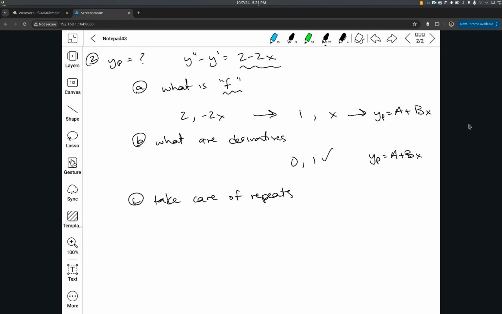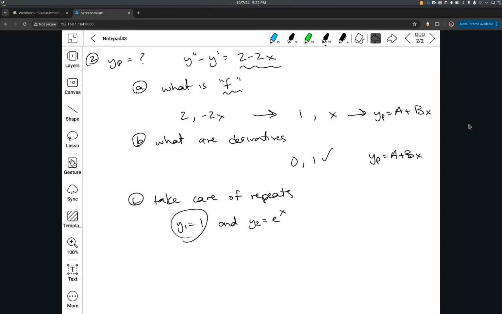And then I have to check that I haven't had any repeats of functions. So my y1 was 1, and my y2 was e to x. I go back and check the solutions to the homogeneous equation, the one that's equal to 0, and I make sure that my yp doesn't repeat those functions. Unfortunately, I have y1 equals 1, and I built my function with a 1 right here.